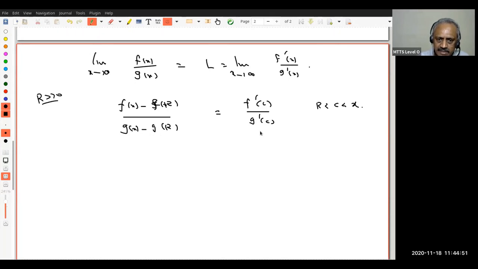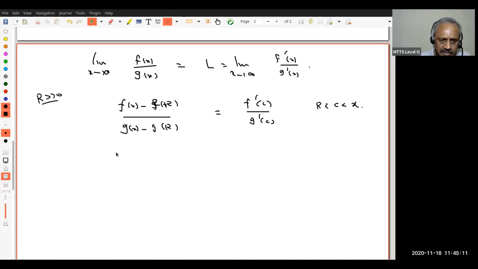Is that clear? But what do I want? I want f(x) by g(x), whereas what I have is f(x) minus f(r) by g(x) minus g(r) as x tends to infinity. That won't do. So what should I do? Somehow I should eliminate this r term, f(r) by g(r) kind of thing.